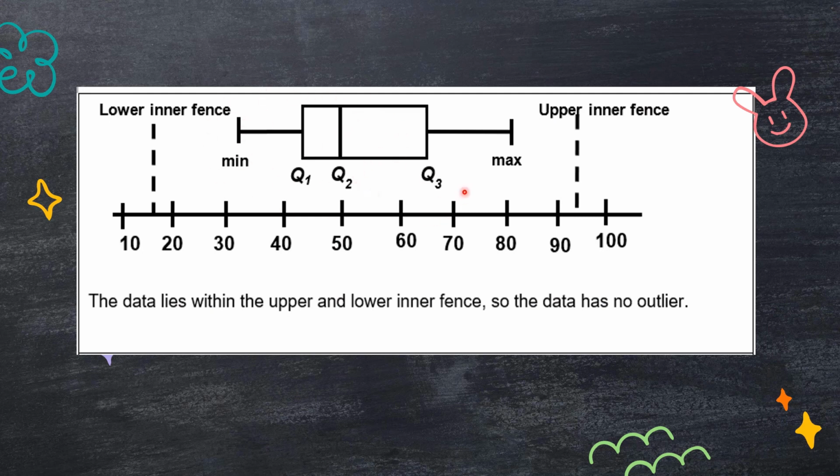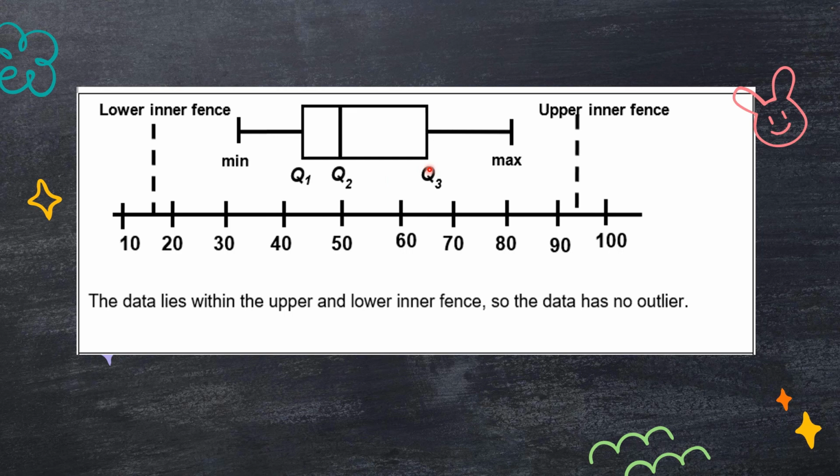The box plot must have the 5-number summary, which are the minimum data, maximum data, first quartile, second quartile or median, and third quartile. Use the lower inner fence and upper inner fence to check whether the data has an outlier or not. The data lies within the upper and lower inner fence.